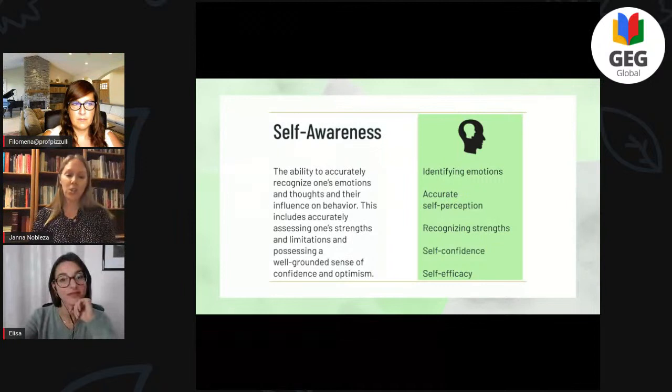A student who is feeling a big emotion, if they can express that emotion of how they're feeling, that is self-awareness. They're able to understand the emotions that they're feeling inside their bodies.